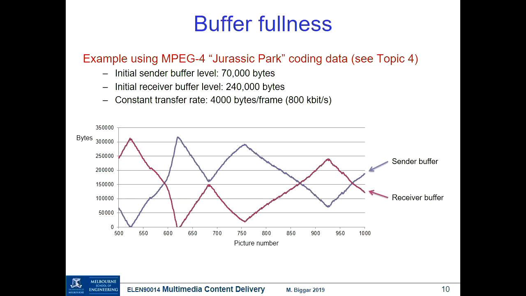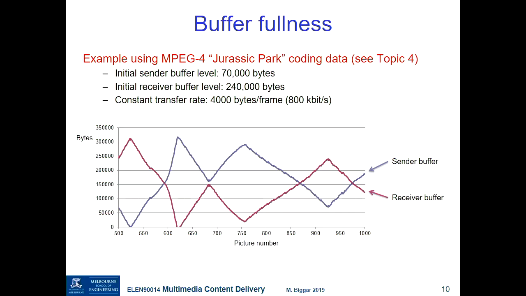Over this period of time, we're generating more than the average number of bytes per frame. The average number is the rate at which we're transferring between the two. So if we're generating more than that average over this period of time, then the sender buffer will start to fill, will continue to fill.